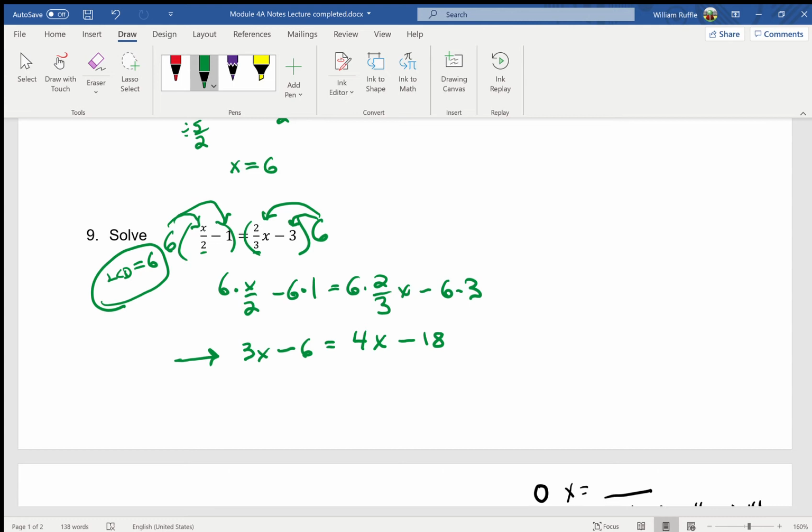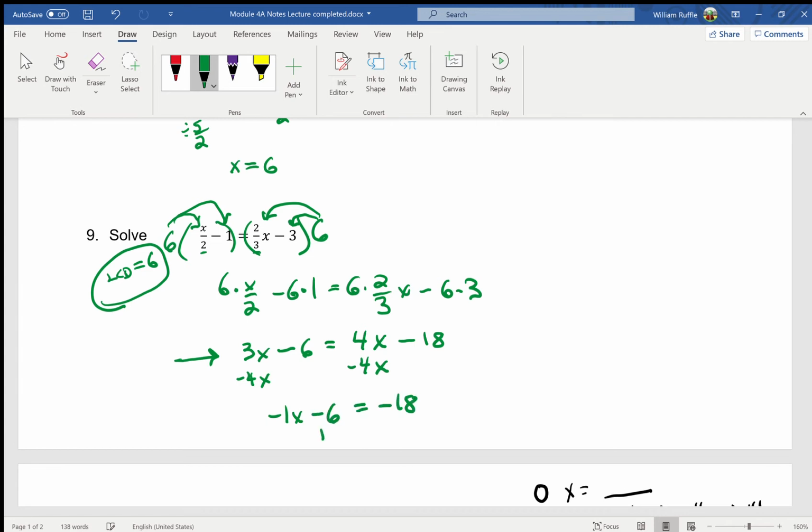Now I can bring the x's to the left or to the right. I'm going to bring it to the left. Normally, a lot of you are saying, no, move it to the right. But I want to overemphasize something. I always try to combine my variables first as well. 3x minus 4x is minus 1x, minus 6 equals negative 18.